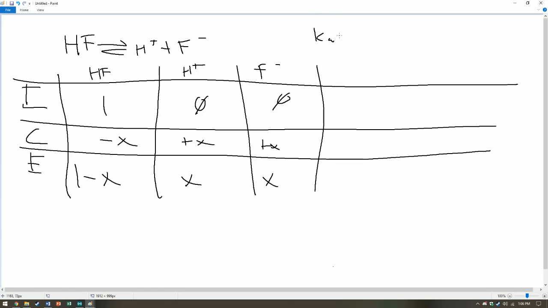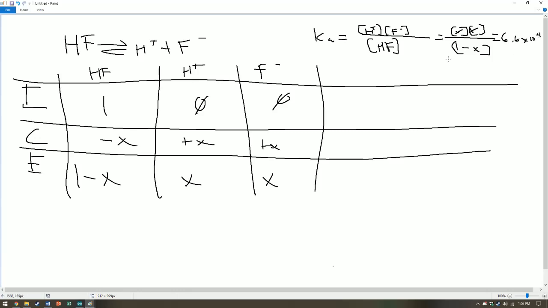Ka equals H plus times F minus over HF, which yields x times x over 1 minus x, equaling 6.6 times 10 to the negative 4.